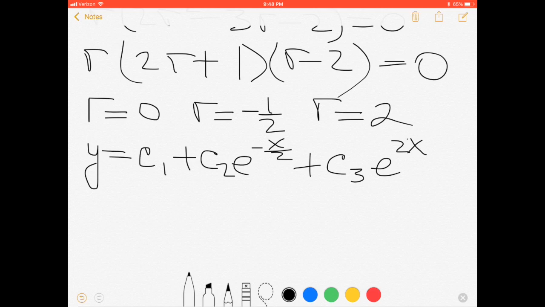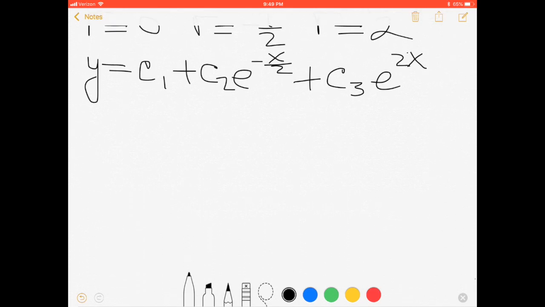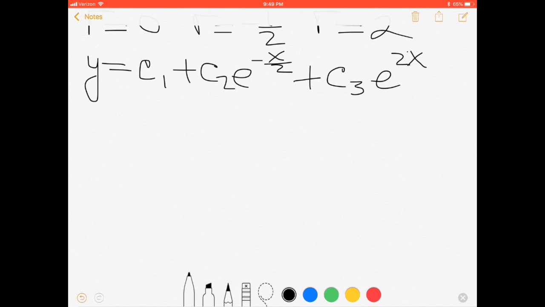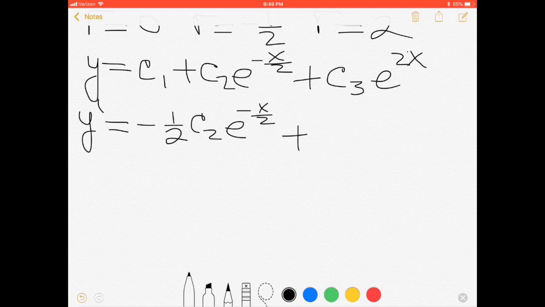We have the general solution, but because we need to solve the initial value problem, we need to find the first and second derivative. The first derivative will be negative 1/2 c2 e to the negative x/2 plus twice c3 e to the power 2x.